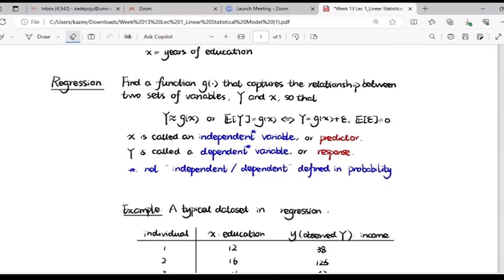Like here now, we want to understand the true relationship between variables. A statistician will start by specifying a model, a functional form of a model. Now, that very model may do a great job or not.